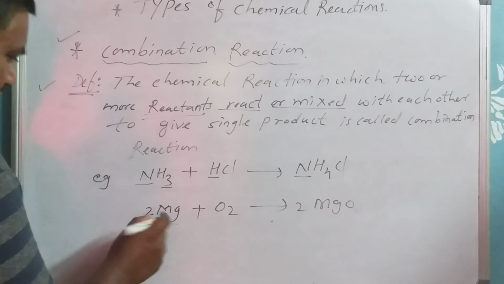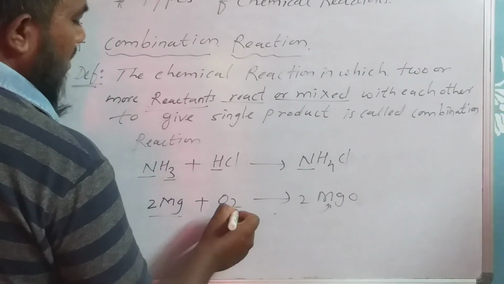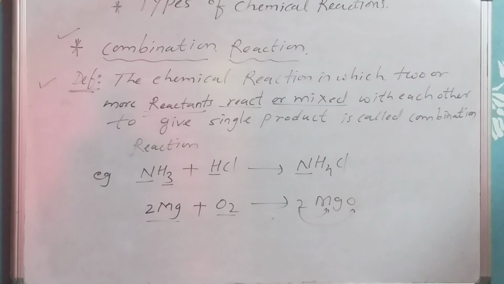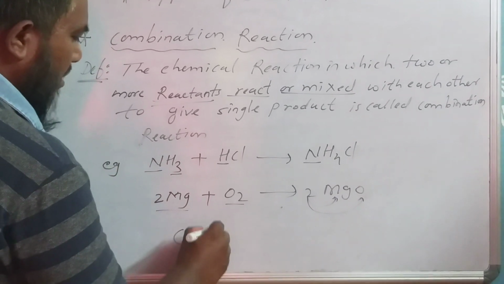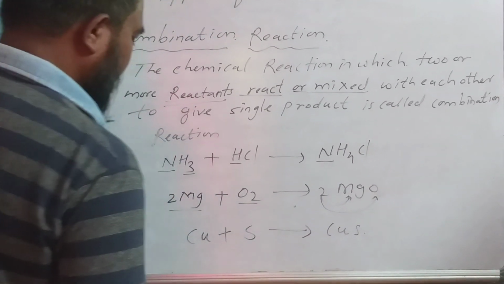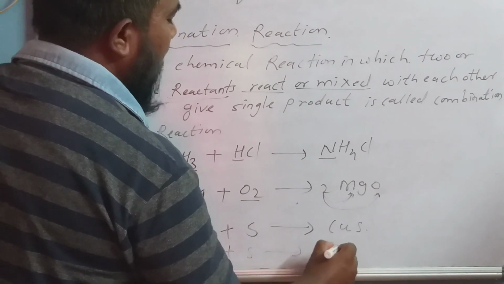You will see on the left hand side 2 Mg are there and on the right hand side also 2 Mg, and O2 on the left hand side, and this 2 will multiply with single O to become 2O. Another example, Cu plus S gives CuS. Fe plus S gives FeS.